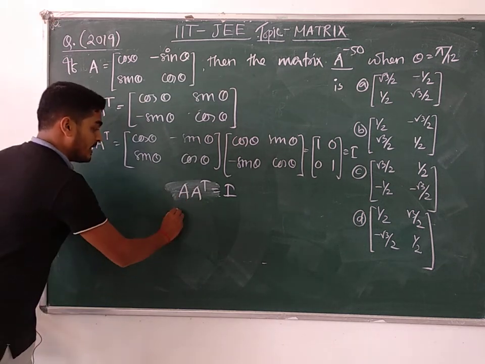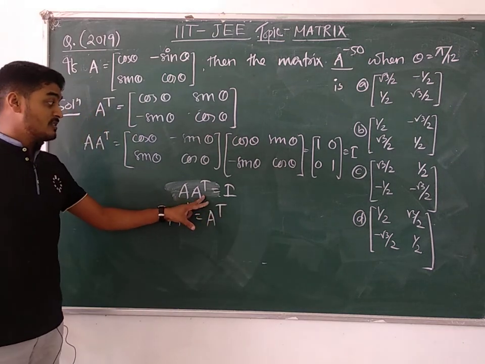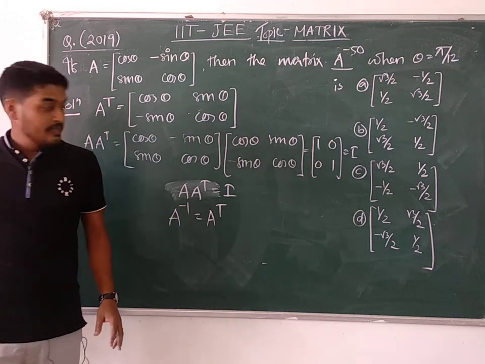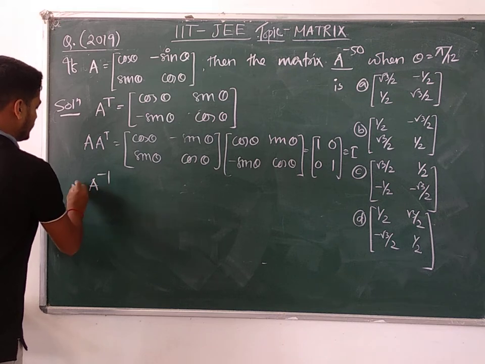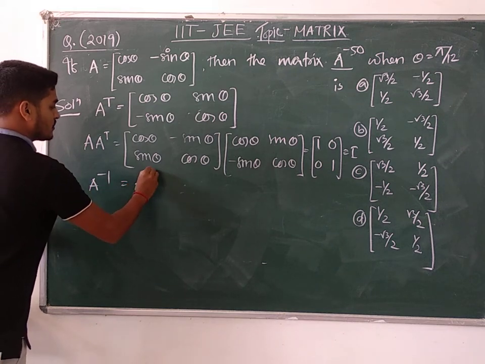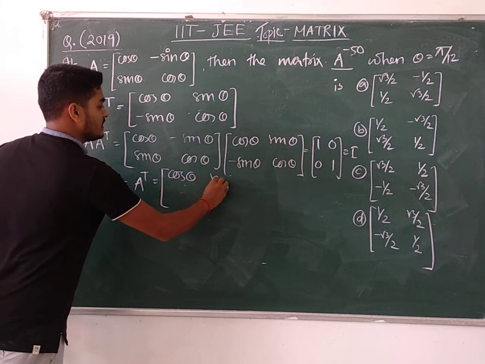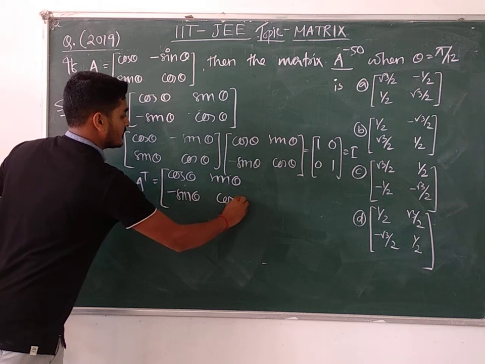Then what is the value of A inverse? A inverse is nothing but A transpose. That's why we can easily write it down. A inverse is equal to A transpose. That means A transpose means cos theta, sin theta, minus sin theta, cos theta.